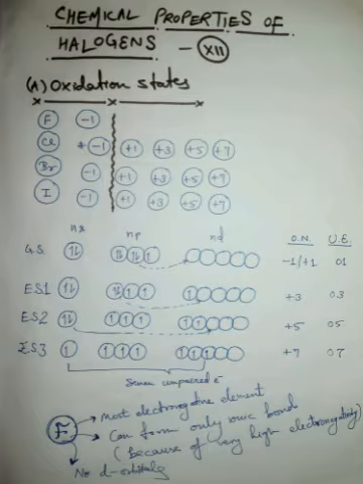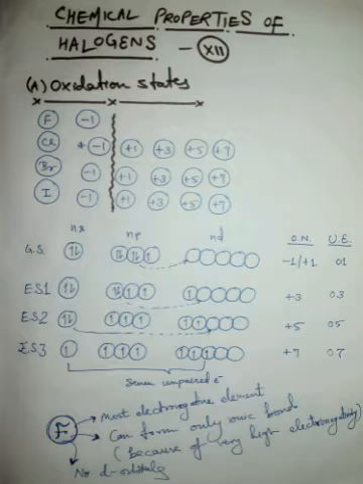When you have the ground state, the atom can either gain one electron or share its one unpaired electron. In that case the oxidation number will be -1 or +1.